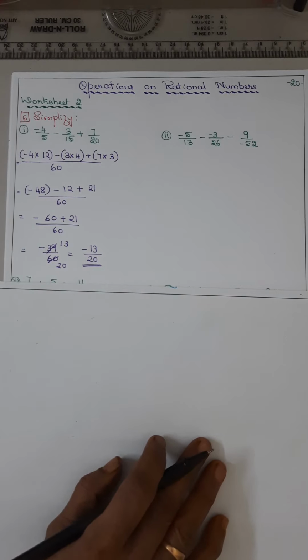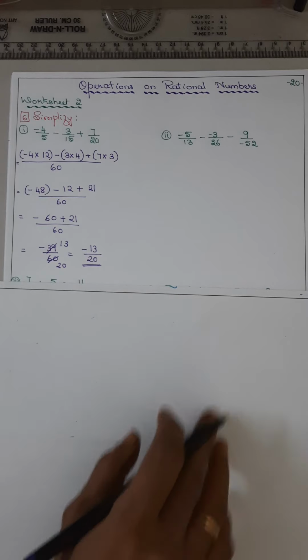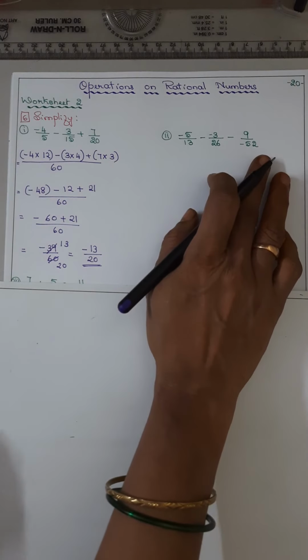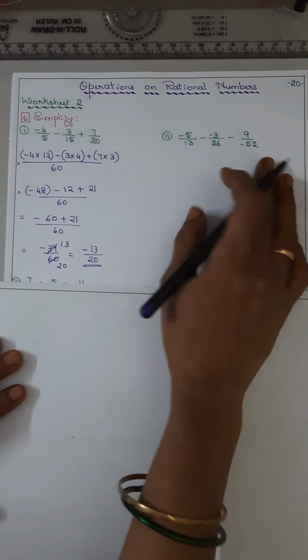Now coming to the second sum, here the denominator is negative. So convert first.